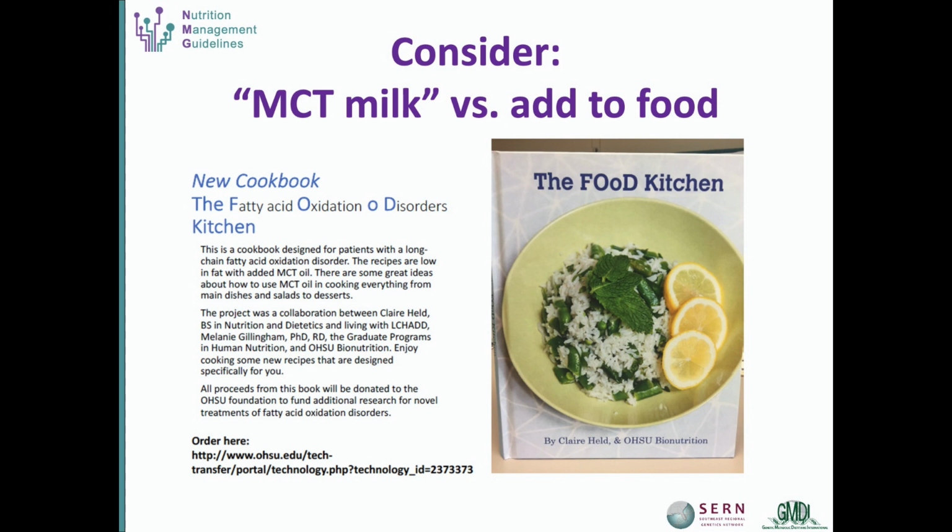This is a question, again, that is very individual, but there are either choices to add MCT to a milk or other beverage, or MCT can be added to food. Most patients, I will say, do a combination of these two, but there is a new cookbook called the Fatty Acid Oxidation Disorders Kitchen that gives recipes using MCT oil. The order information is at the bottom, so a newer resource for patients.